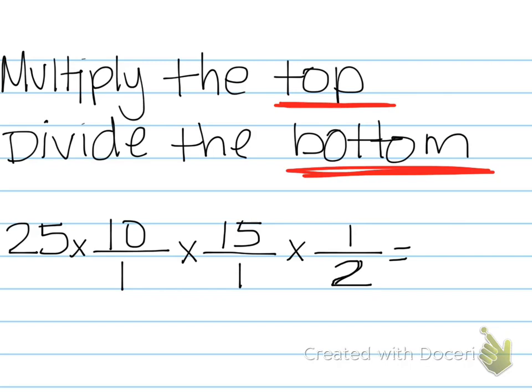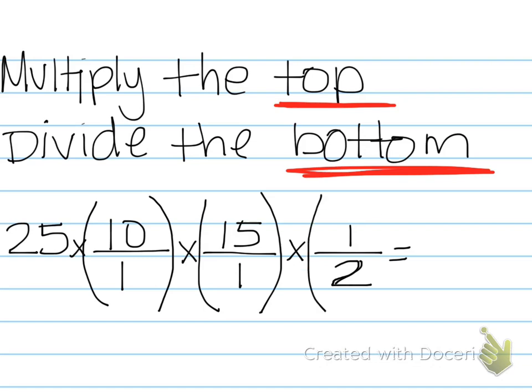So you're going to see setups that are very similar to what you are seeing down here with the 25, 10, 15, 1/2. What you have to remember is that this is just like having this number in parentheses. So you multiply the top, divide by the bottom. So the first thing that I'm going to punch into my calculator is 25 times 10, because those numbers are on the top.